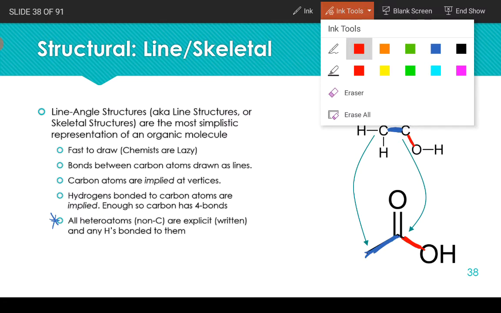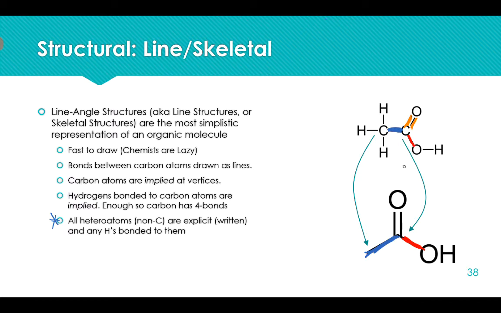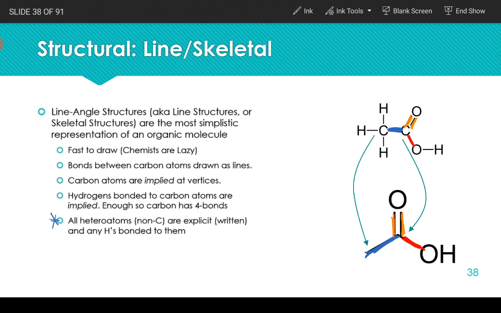And then what color have I used? Orange. And then the double bond to the oxygen is here. And so you're just drawing the covalent bonds between carbon and other carbons, or carbons and heteroatoms. And that's it. So it goes really quickly.